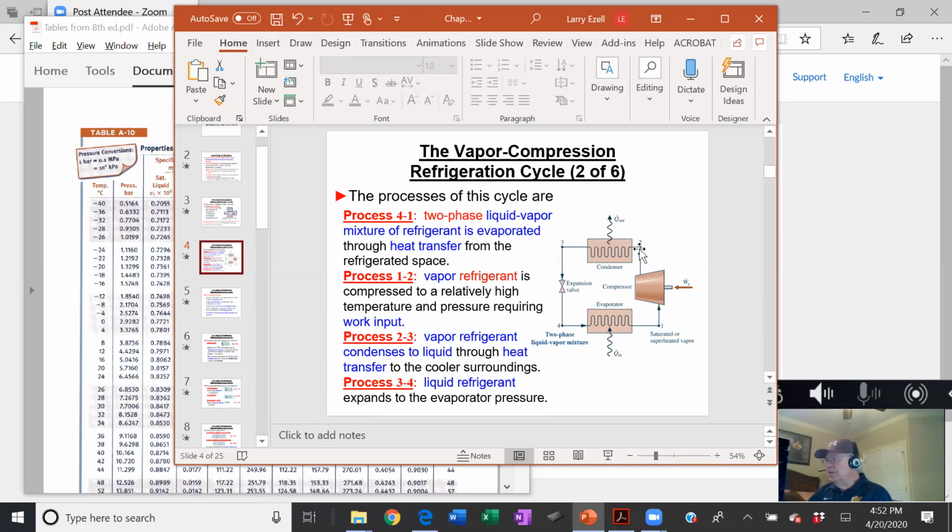Physically, a heat pump implies it can both cool and heat.